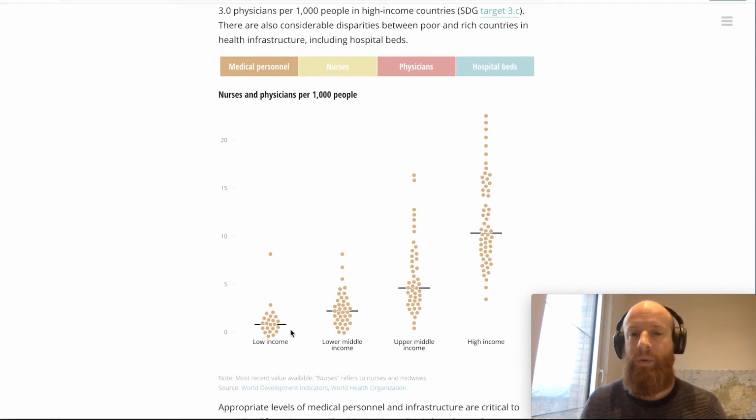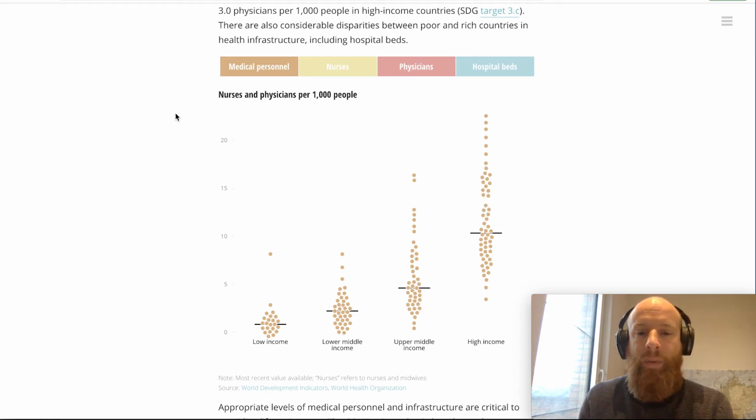The bee swarm plot is also a nice visualization because you can represent each element in your data, in this case, countries. So people can find their own country if they look a bit into the data. Of course, there are no labels and there's no search box, so people might not find their own country, but that's not really the point of this visualization.